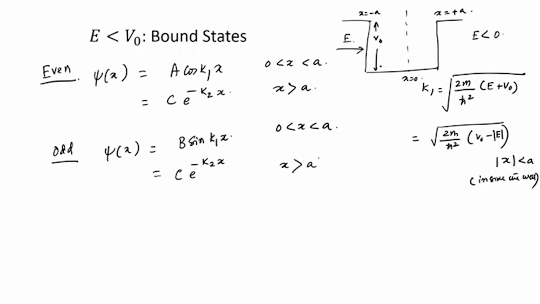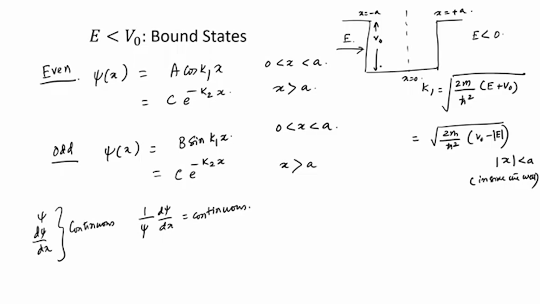So these are the solutions. Now what we can do is a smart thing of combining the two, psi being continuous and d psi dx being continuous. These two can be combined into a single condition, which says that 1 by psi d psi dx is continuous. So instead of writing the two conditions, we can use this.